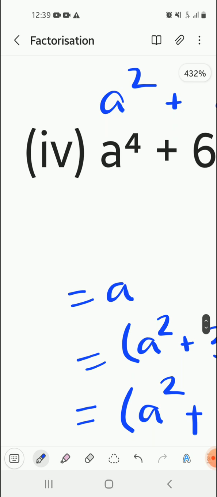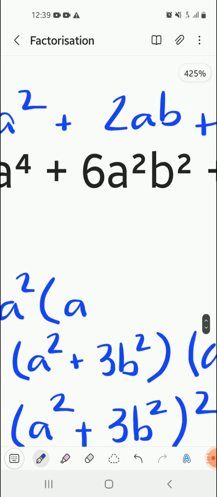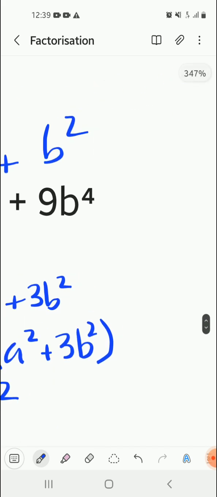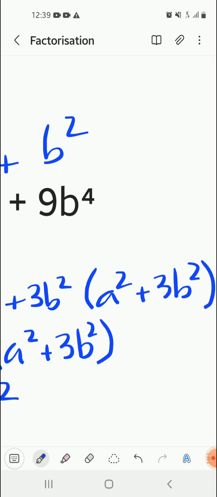Now break it up. a square plus 3b square, multiply it with a square plus 3b square.